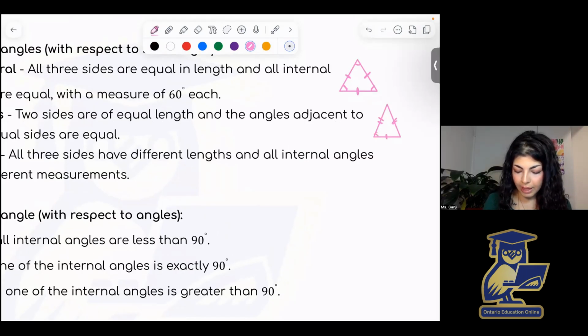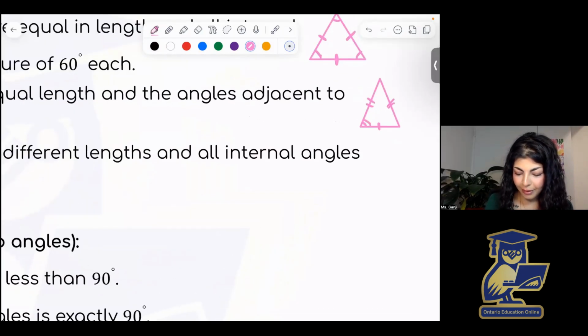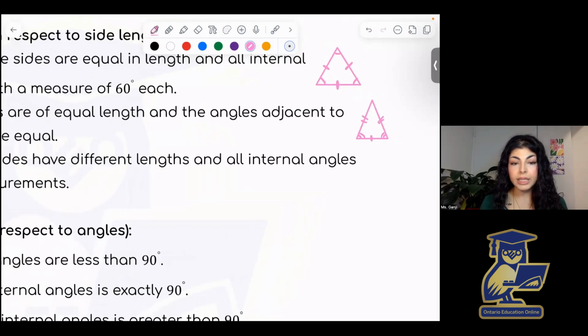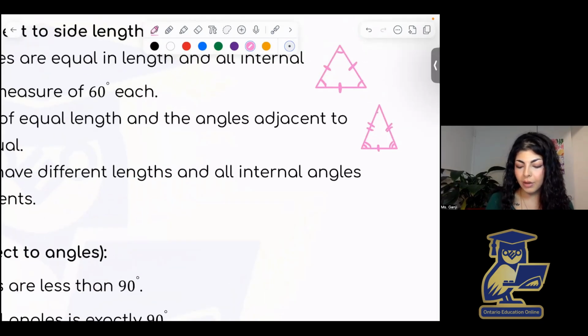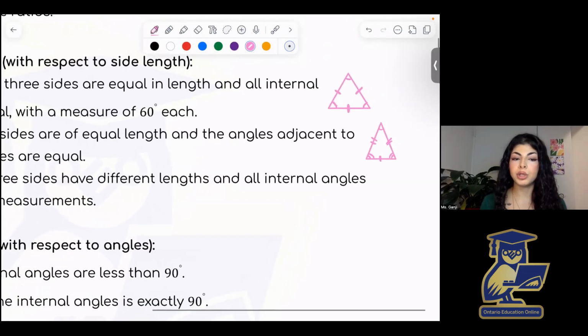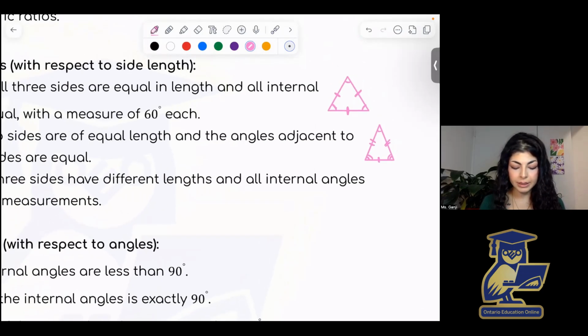These two angles that are adjacent to those equal side lengths will also have an equal measurement. And this angle opposite to the base will have its own angle that will be different.